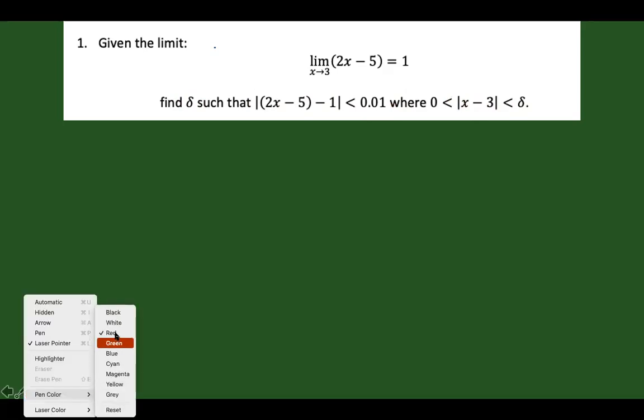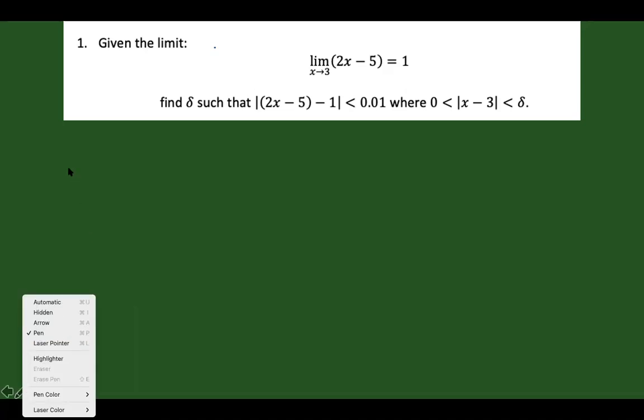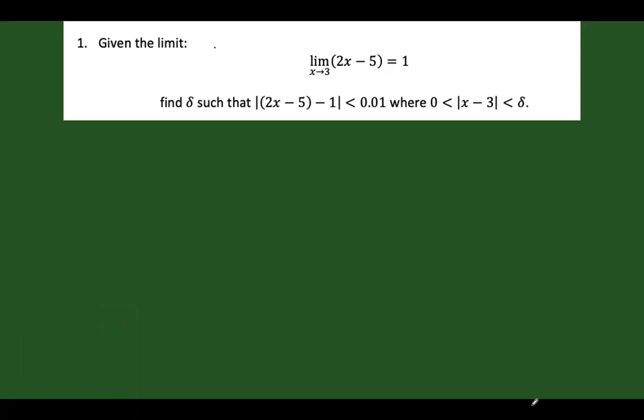Let me just change the color of the pen. Okay, let's start solving. Here, again, we need to find the value of delta. I will be copying the given: the absolute value of 2x minus 5 minus 1 is less than 0.01.